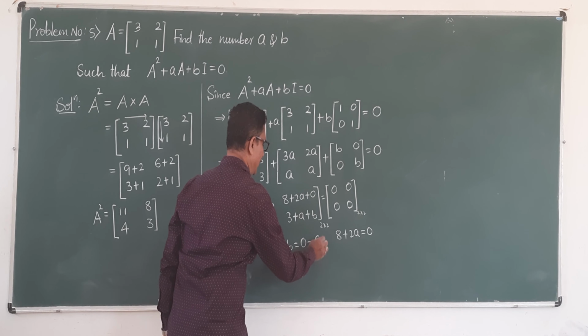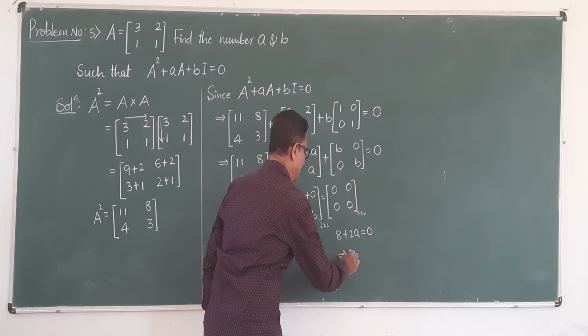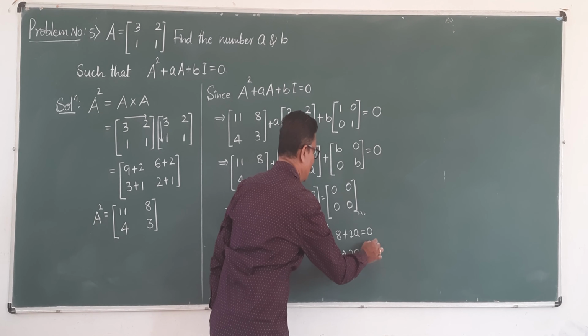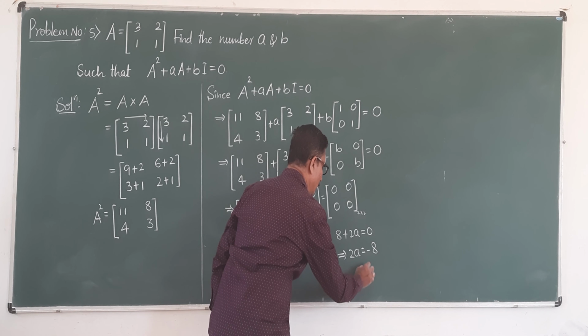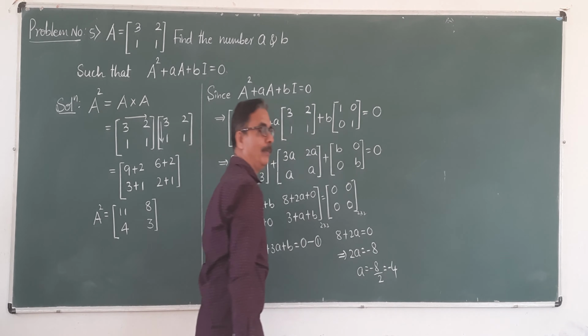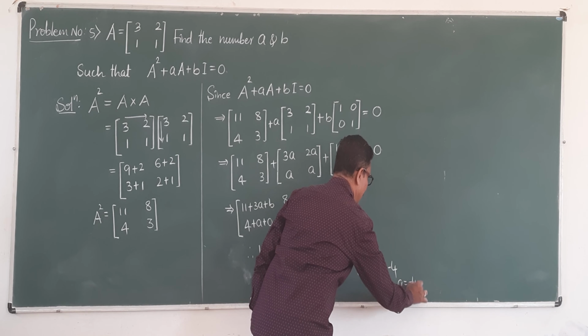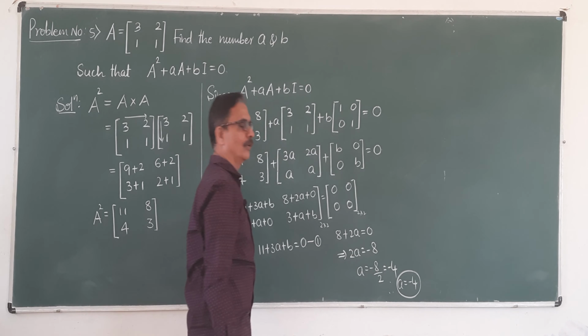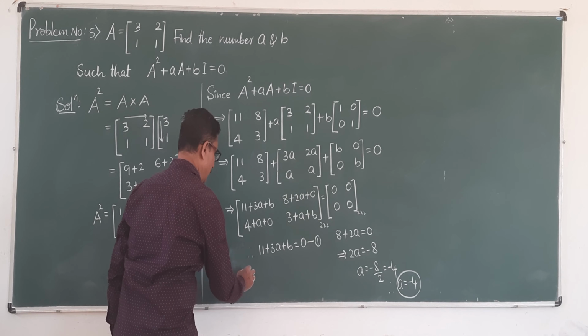Correct? Now here 8 plus 2a is equal to 0. Simplify. This implies 2a is equal to minus 8, as 8 goes to the right side. Divide by 2. a is equal to minus 8 divided by 2, that is minus 4. Therefore the value of a is minus 4. To find b, put a is equal to minus 4 in equation 1.